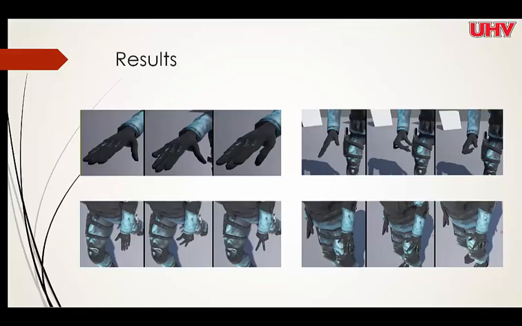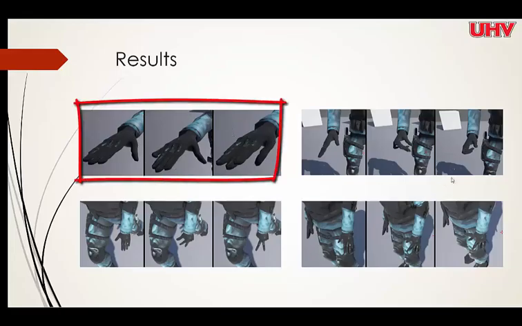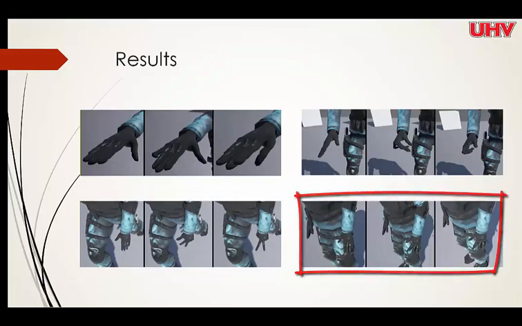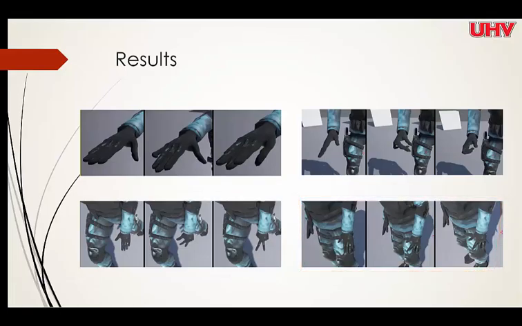I'm showing you 4 different sets of gestures and poses, one in each of the quadrants: the upper left, the upper right, the bottom left, and the bottom right. In each of these quadrants, there are 3 images side by side.